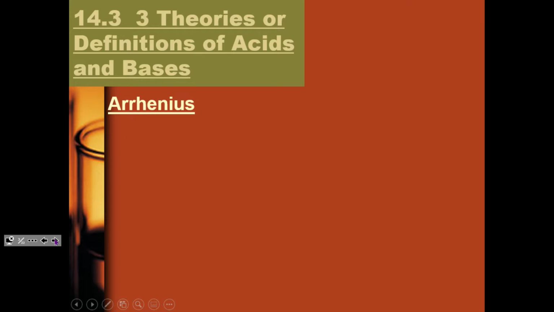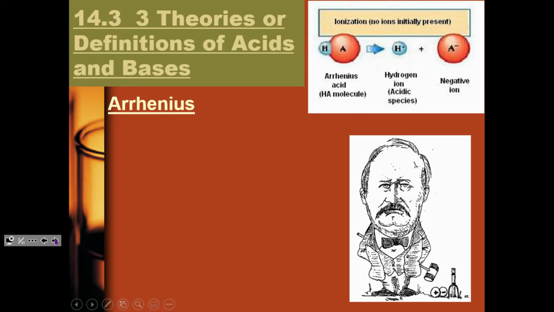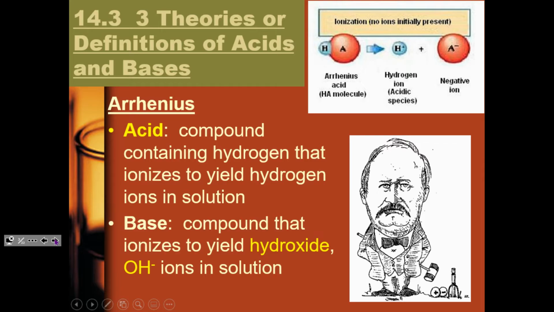So there are several different theories and definitions of acids and bases. The first one we're going to look at is called the Arrhenius definition for acids and bases. So when an Arrhenius acid ionizes, this is when we get a hydrogen ion. So an Arrhenius acid is considered a compound that contains hydrogen that ionizes to yield an H plus in solution.